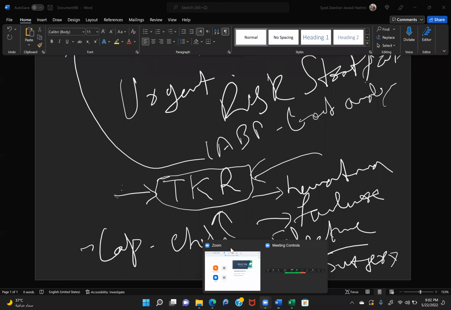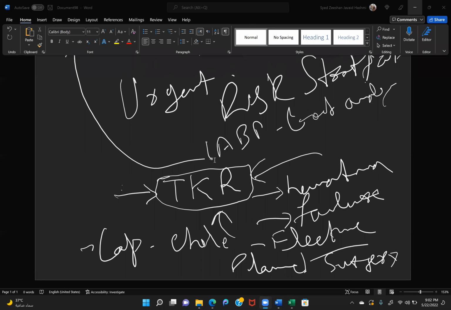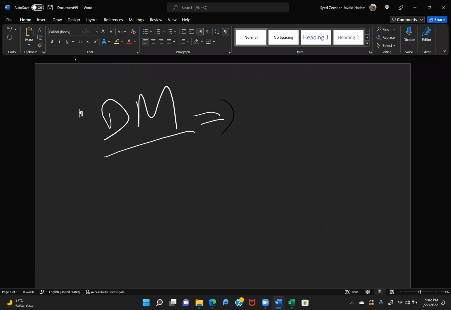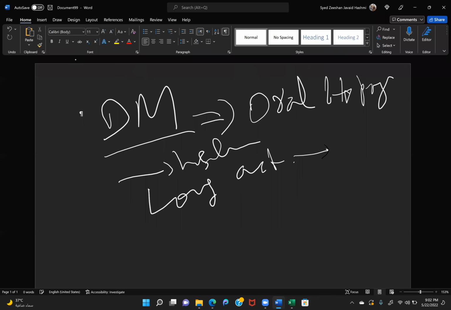Okay, so similarly, this is what you will be expecting. We have discussed diabetes, so I will not go into detail, but quickly, you will be converting oral hypoglycemics into insulin. Long acting will be converted to short acting.